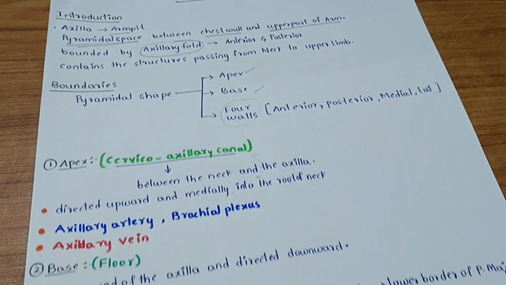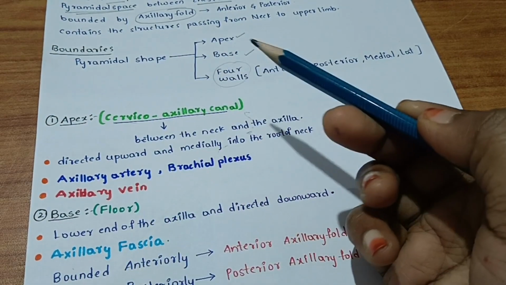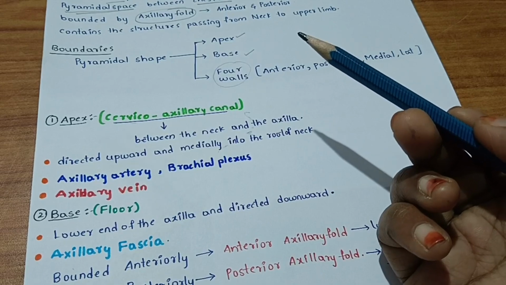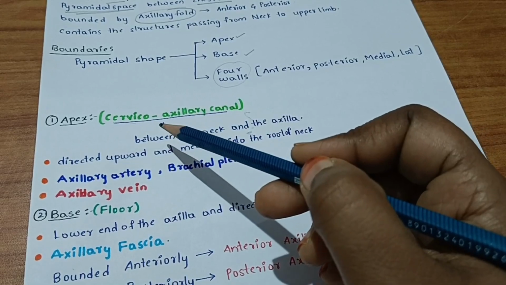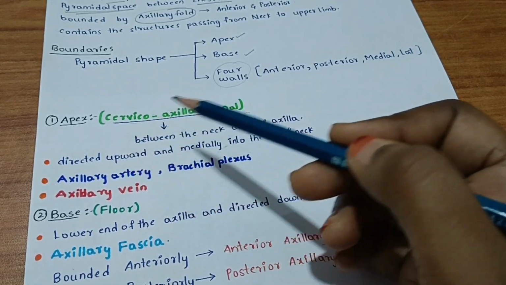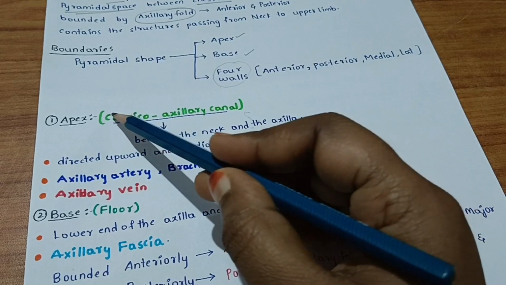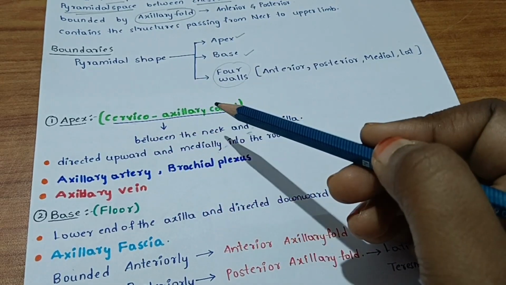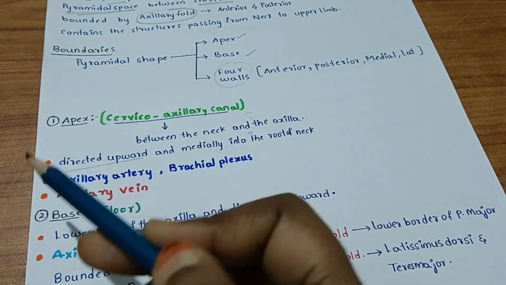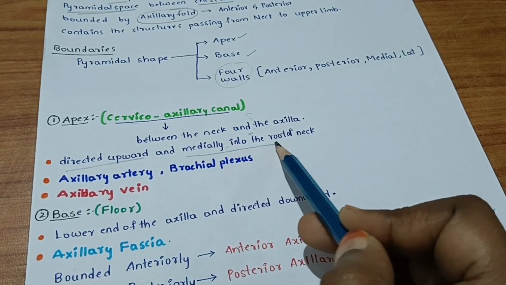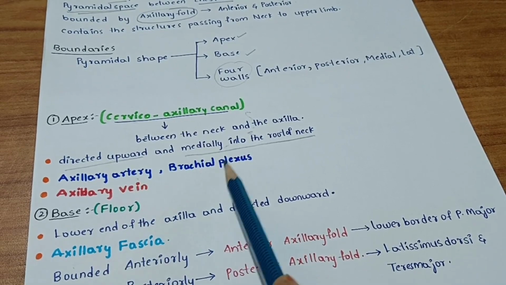Let's see the apex. It is also known as the cervico-axillary canal. Why? Cervical means neck, and axillary, so it is extending between the neck and the axilla. This cervico-axillary canal is directed upward and medially into the root of the neck, containing the axillary artery and brachial plexus.